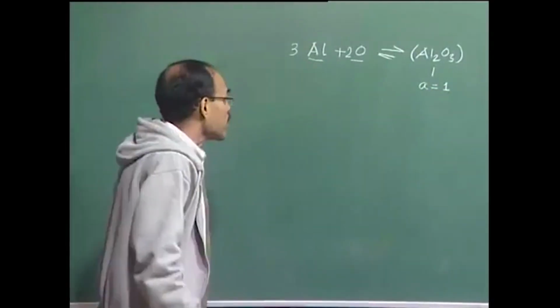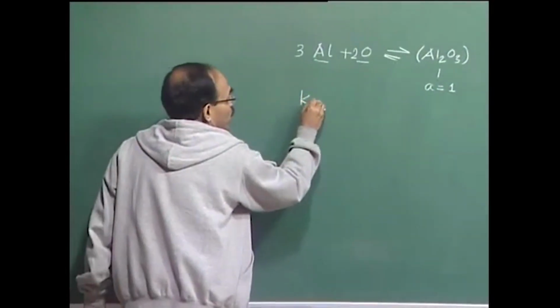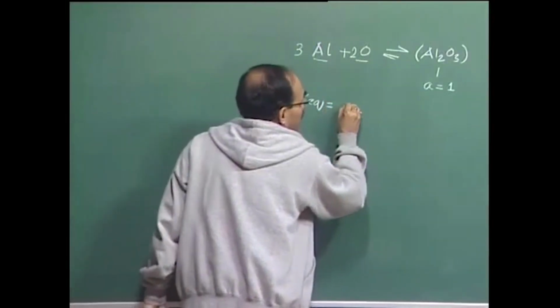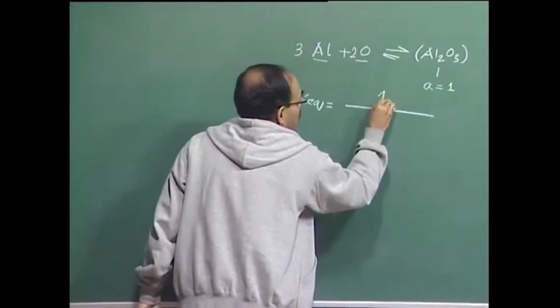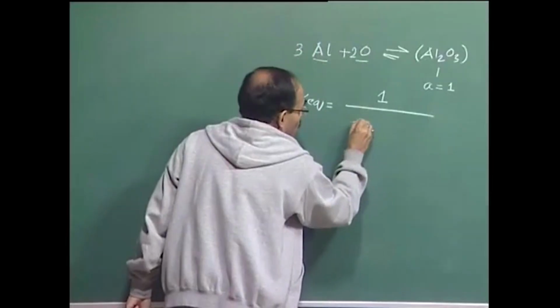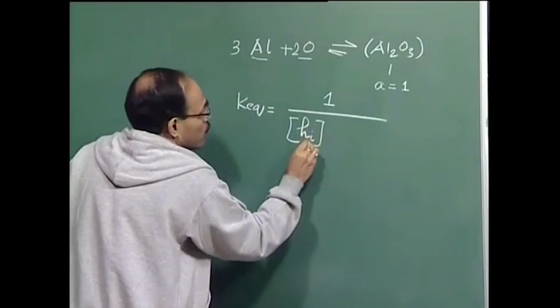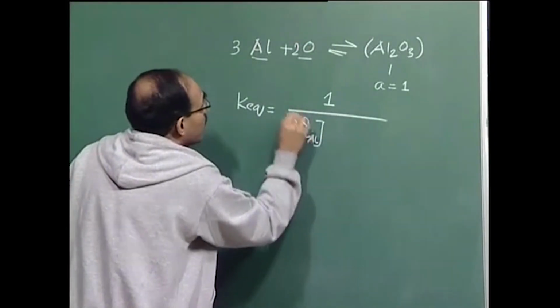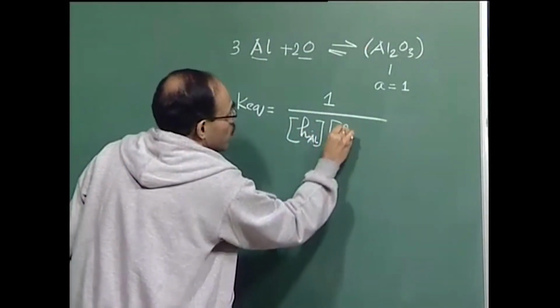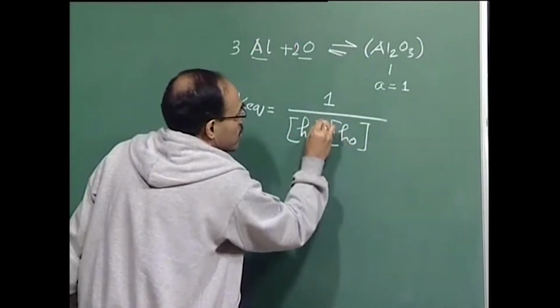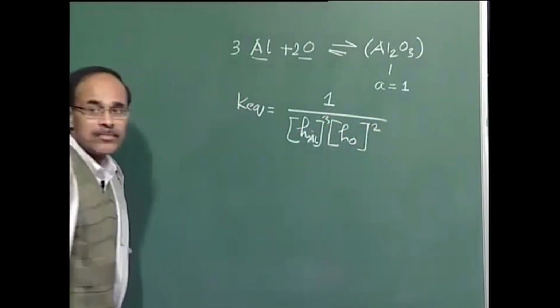of Al2O3 is equal to 1, and then I can write down that the K equilibrium is actually activity. So, this is equal to 1, and then I can say this is going to be Henrian activity because it is a dilute solution, it does not obey. So, this is HAl, and then we have HO, and then this is equal to 3 and this is equal to 2.